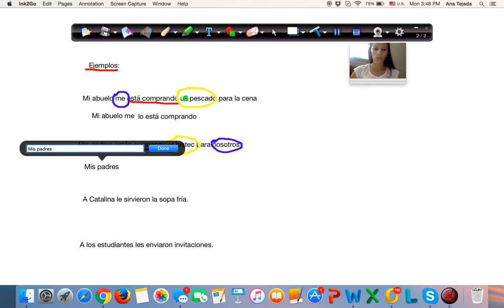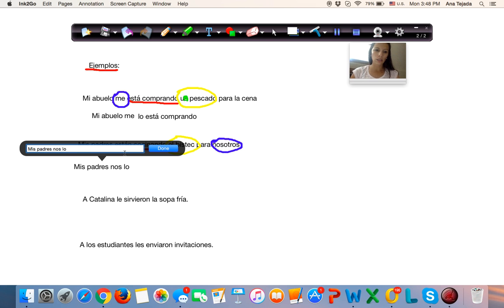Nosotros. Meaning that the equivalent is nos. Then we have direct object. Bistec. El bistec. Is it plural or is it singular? It's singular. Meaning that we are left with lo and la. Is it feminine or is it masculine? Muy bien. Masculino. Lo. Nos lo.